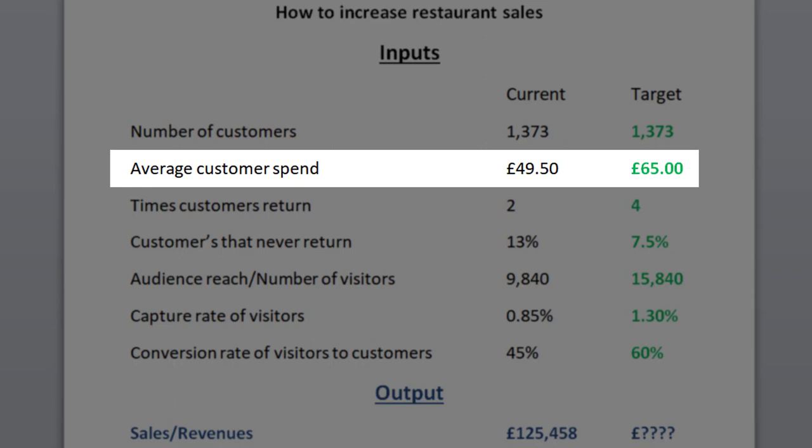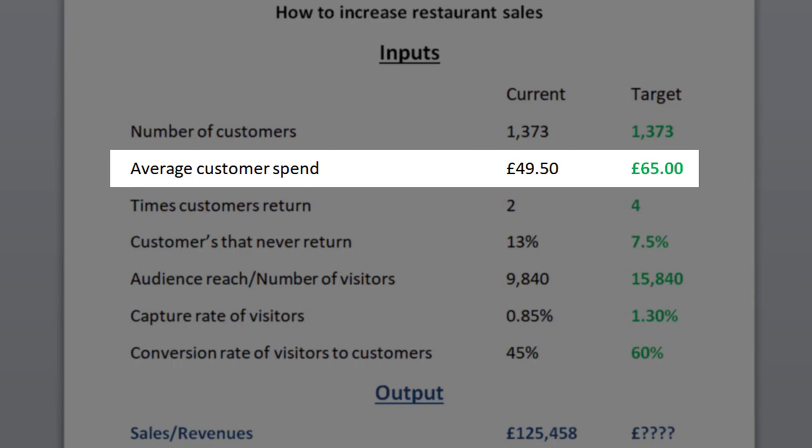A good way to have people spend more in your restaurant is to ask them engaging questions. So for example, when they're ordering, you may want to ask them if they want extras with their meal.